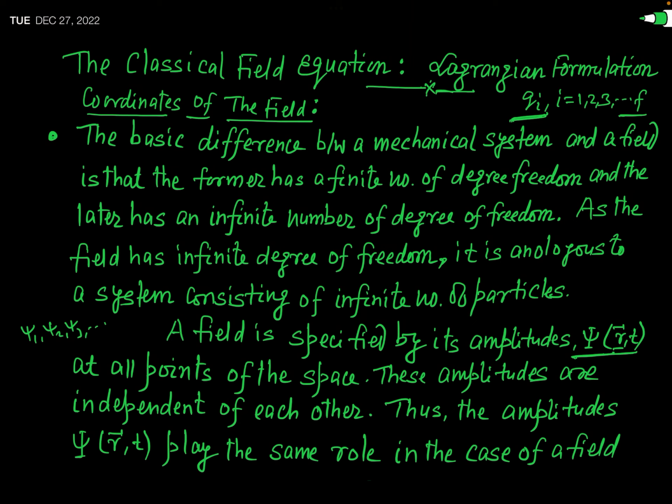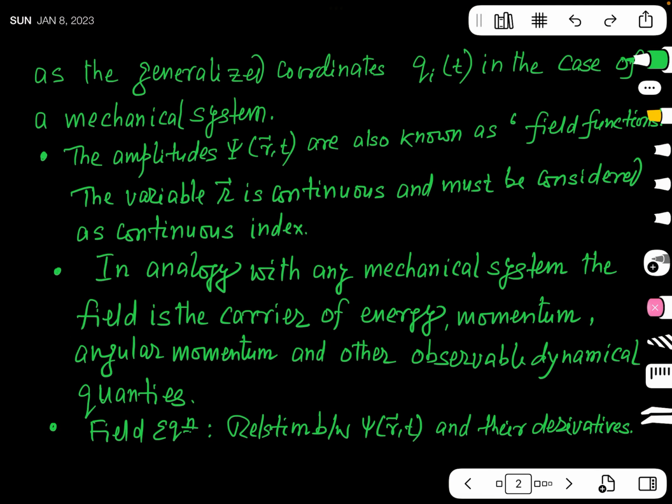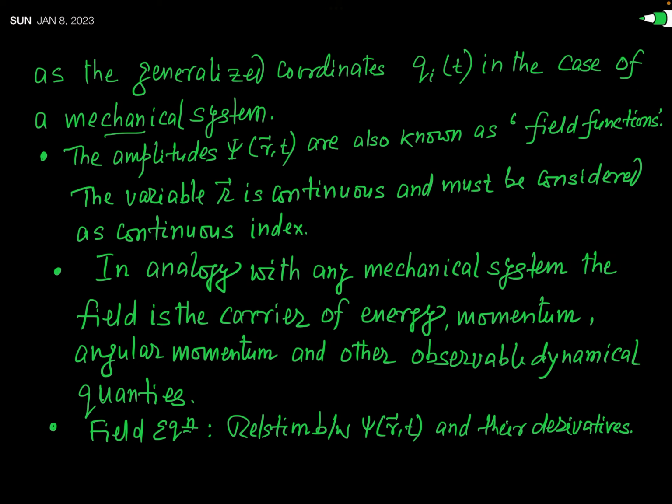Okay? In other words, you can say that the amplitude psi of r, t plays the same role in case of a field as the generalized coordinates qi play in case of a mechanical system.